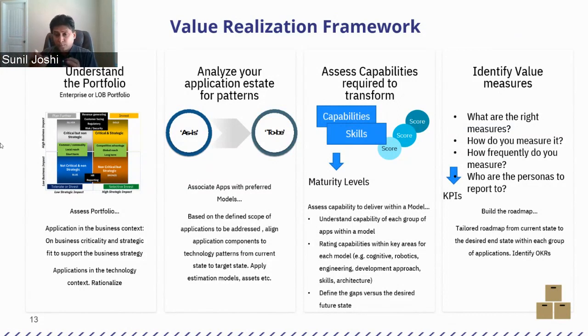Okay? Now, having done that, the next aspect is, okay, now I understand the patterns, I know how to convert, I have all of these tools and assets, right? Am I gaining the maximum value just by implementing those patterns? The answer is no. You have to do other things for that specific pattern modernization to be successful, or to gain the best value.